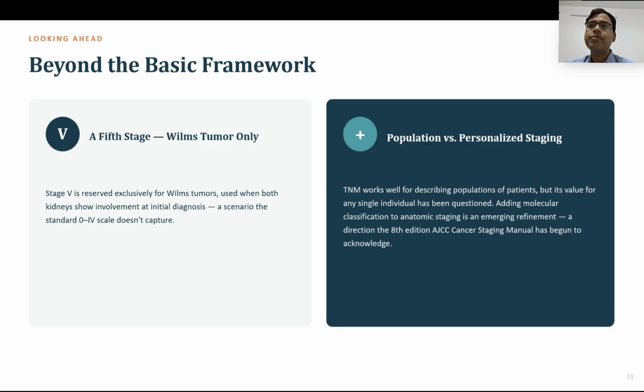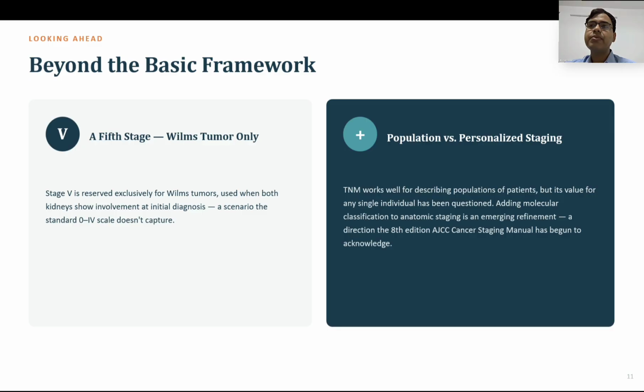In those cases, in stage 4, the 5-year survival is practically 0. So it all depends not only on the type and the stage of cancer, but also on the tumor biology, the tumor genomics. That is why we talk about personalized staging, where we should not only look at the TNM, but also at the tumor biology.